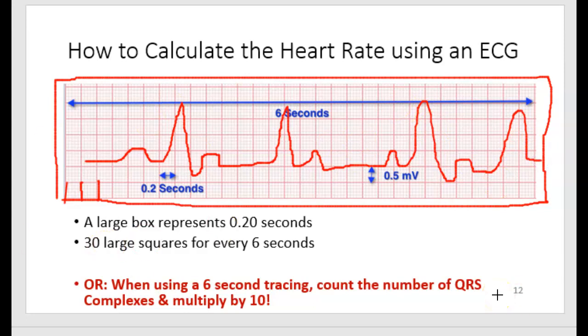waves, we'll just call them waves, and let's say there were 4 here. You know that you got 4 QRSs in 6 seconds. One QRS is 1 heartbeat, because that's when the ventricle depolarizes and then contracts.